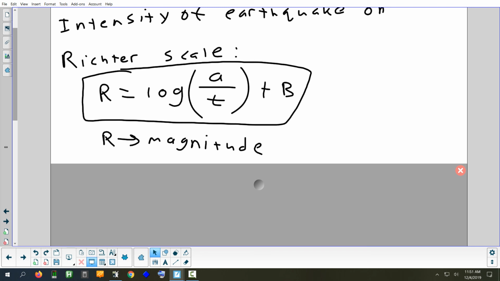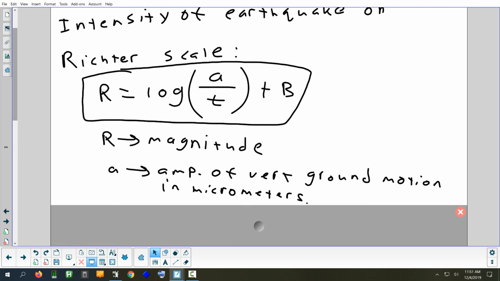These other numbers you don't really hear about. Okay. A is the amplitude of the vertical ground motion in micrometers.